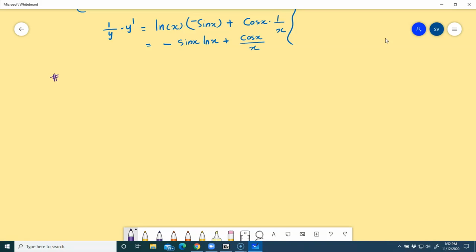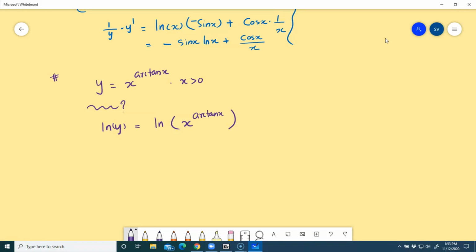So y is equal to x to the power arc tan x, and here also the condition is x greater than 0. Step 1, apply natural log on both sides. So ln of y equals ln of x to the power arc tan x.